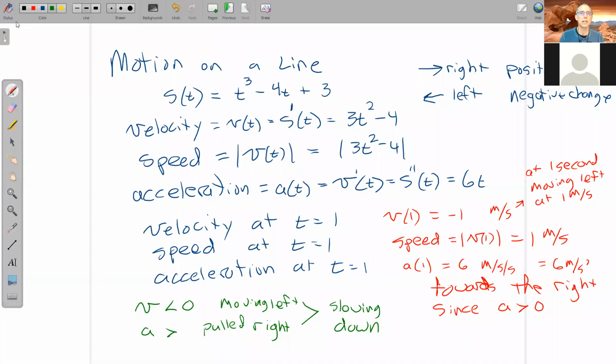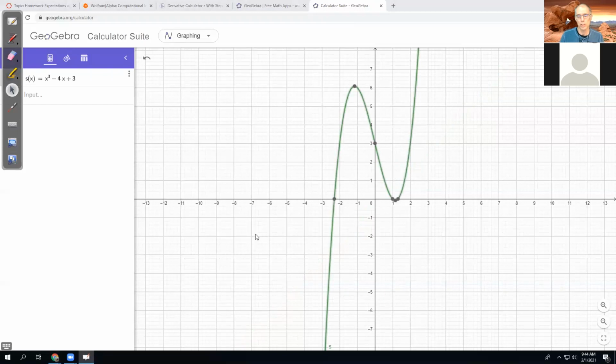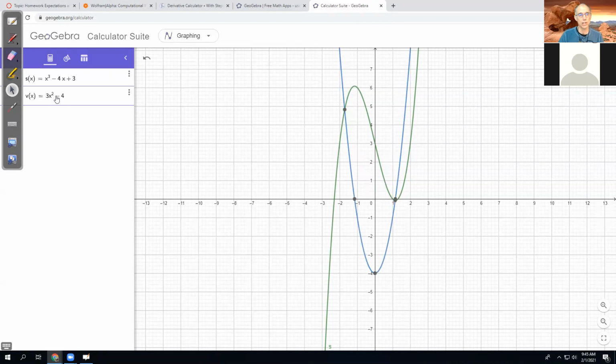We have to use x's instead of t's, otherwise things get confused. Now the derivative, that's my velocity, that's the slope really. So I'm going to put a v of x in here for my slope function, and that is 3x squared minus 4.